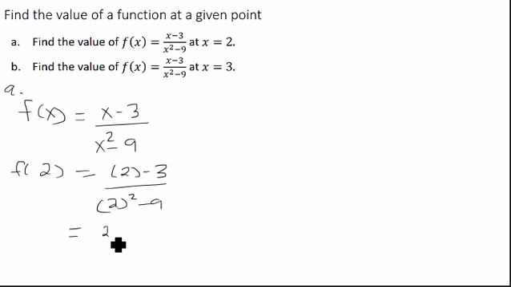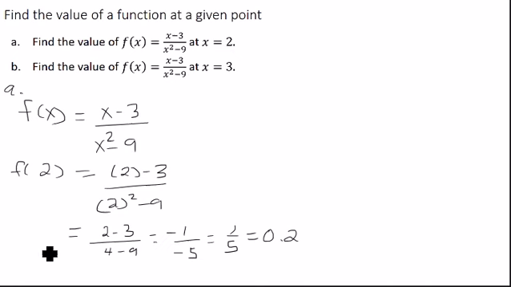Let's simplify this. It becomes 2 minus 3 over 4 minus 9, and that's going to be negative 1 over negative 5. So that's going to be 1/5, because the negatives cancel. And if you want the decimal answer, it's 0.2. So f of 2 equals 0.2.